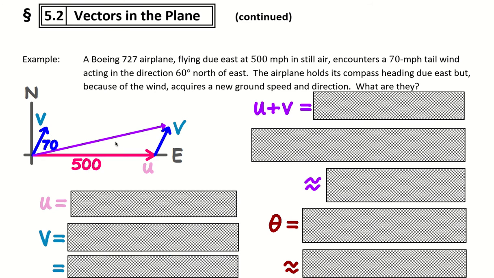So over here in the picture, again, throwing all of the final product of the picture at you at once might be a little overwhelming, but this is the 500 miles per hour, and the length is the speed, the velocity.